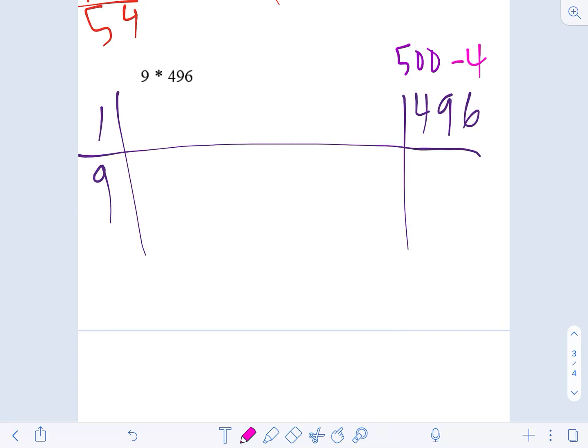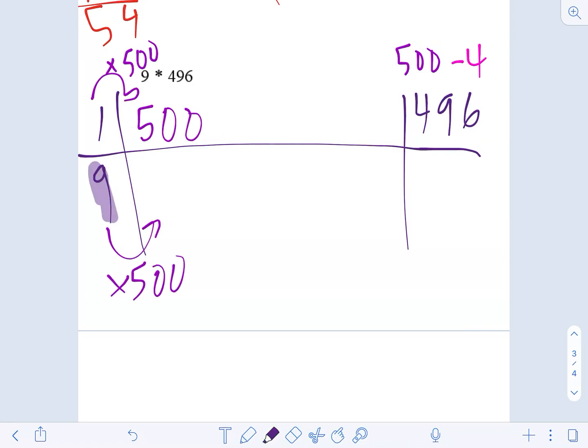Okay, I can get to these numbers. Which one do you want to get to first? 500? Okay. Well, can we make that jump? Are we ready? Let's try. Let's get to 500. Well, I got to multiply by 500 here. Just look at 9 times 5.